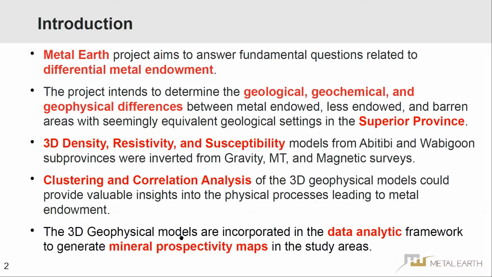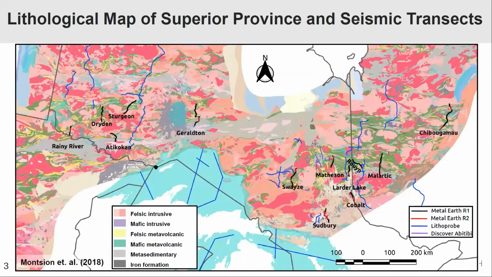The 3D geophysical models that we have here have been used by data analytic people for mineral prospectivity. On my side, I'll be mostly focusing on these 3D models, how I generated them, and what I think can be inferred from the data just by looking at these geophysical models.